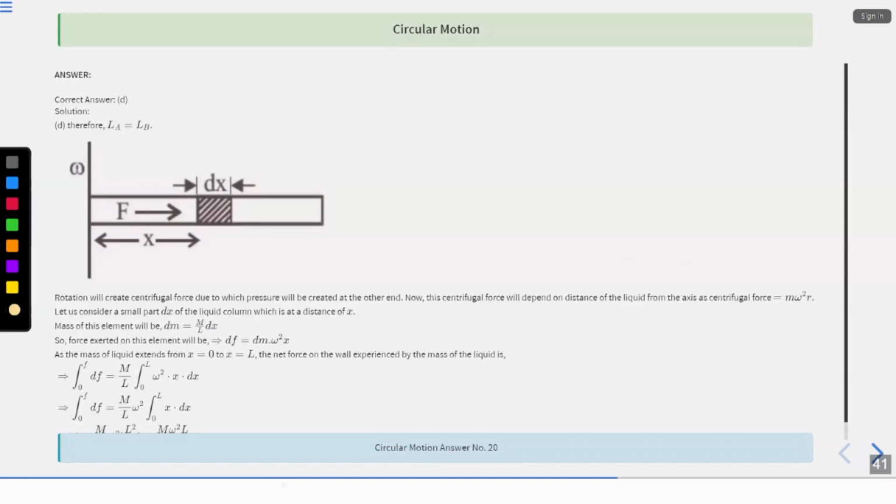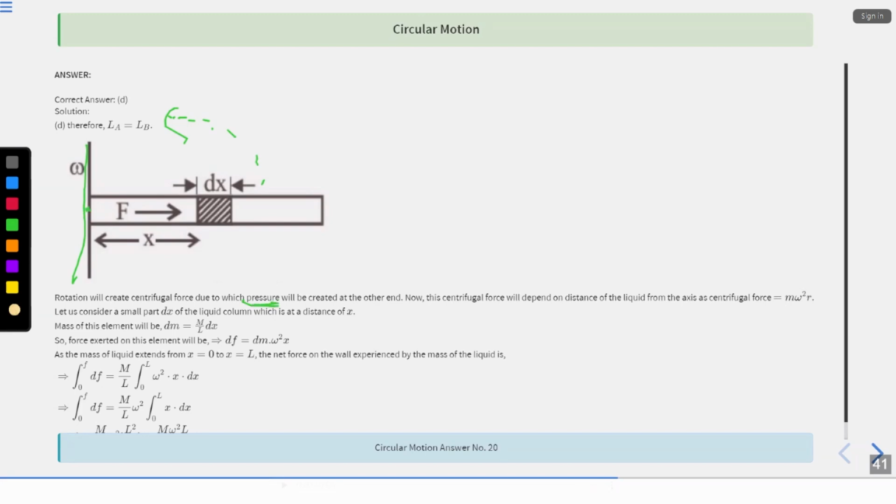So I'm considering this is our end, and then this is rotated something like this. Rotation will create centrifugal force due to which pressure will be created at the other end. So there will be centrifugal force, and therefore pressure at the other end.